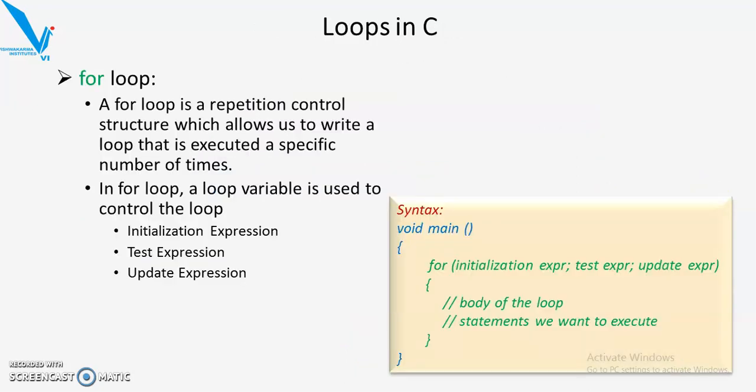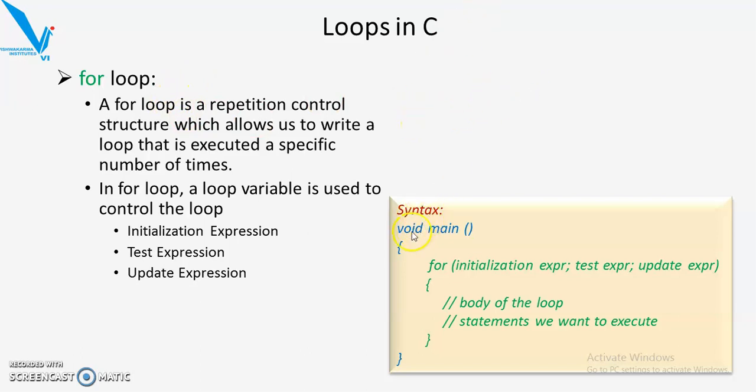Now first we'll consider the for loop. A for loop is a repetition control structure which allows us to write a loop that is executed a specific number of times. The loop enables us to perform n number of steps together in one line.